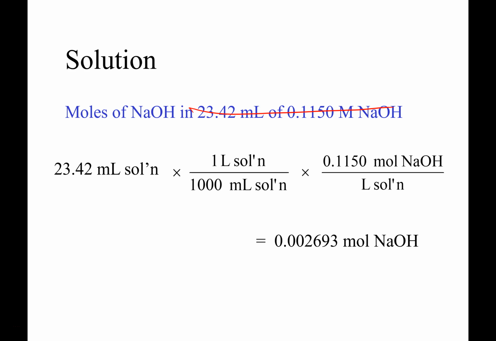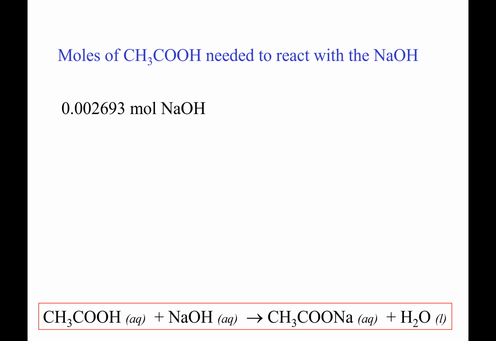So Madison, the next thing is going to be to go from moles of NaOH to moles of CH3COOH using the balanced equation, making a ratio. So what does that look like? So you put 1 mole CH3COOH over 1. You got it. 1 mole of CH3COOH over 1 mole of NaOH. I'd ask how many sig figs, Benny, but I think you're fine with 4, and I can do that math.